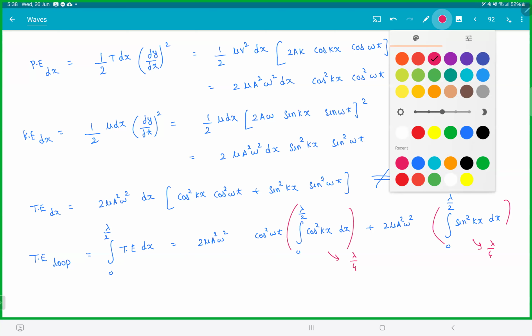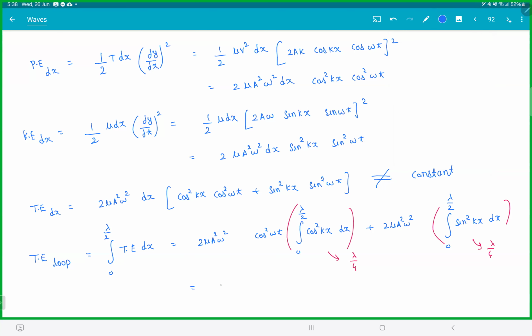You can check it out on your own. And then this thing turns out to be 2 mu a square omega square lambda by 4. Now interestingly, cos square omega t plus sin square omega t will come out as 1. I forgot to write here.